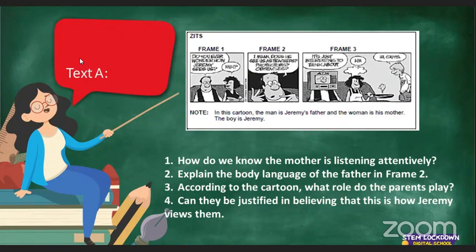This is an open-ended question. It really depends on your opinion on things. So you can say yes, even though there is no indication in the cartoon that Jeremy sees his father as a financial provider or his mother as a cook. They know their son well enough, right? To accurately assign themselves these roles.